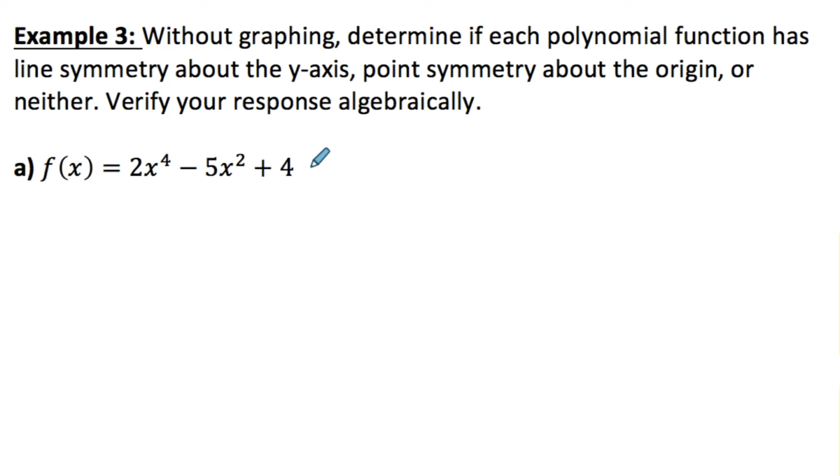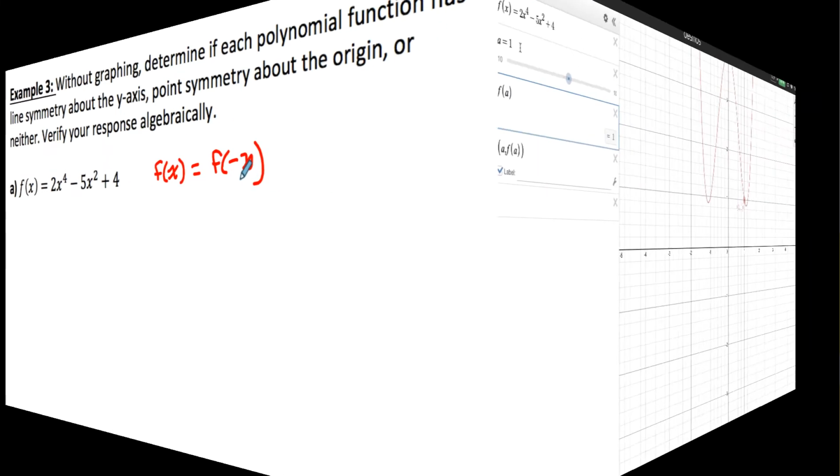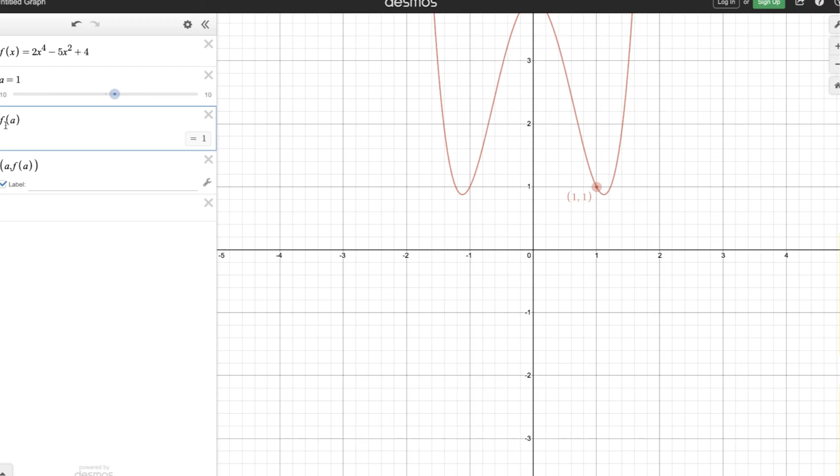And do you remember the algebraic property for even functions? The algebraic property tells us that if it's an even function, f of x would be equal to f of negative x. And let me just remind you of that in Desmos. Let me put up this equation. Okay, here's that function. Notice if it's an even function, if I were to evaluate, let's say, f of 1, I get 1.